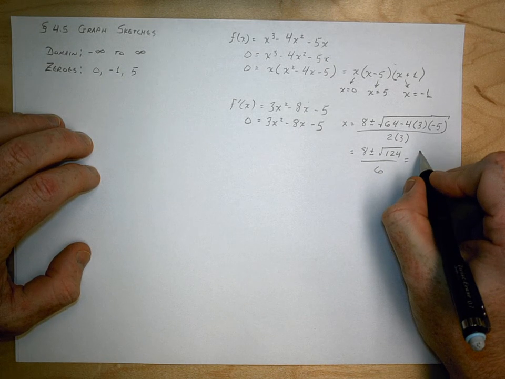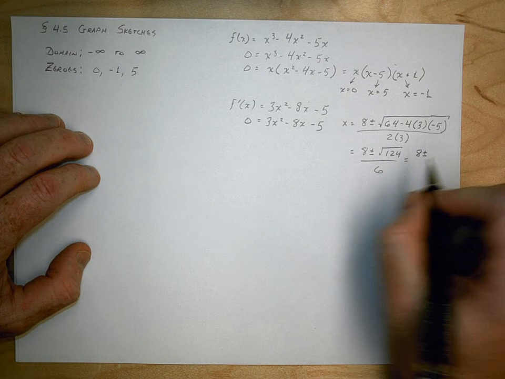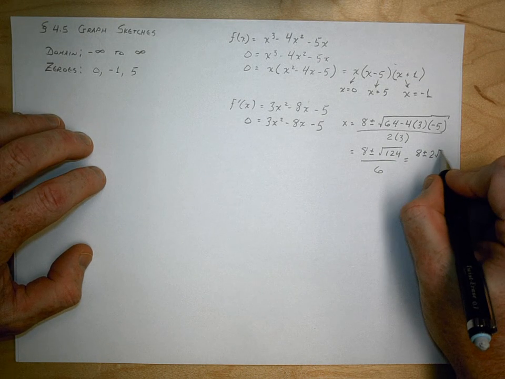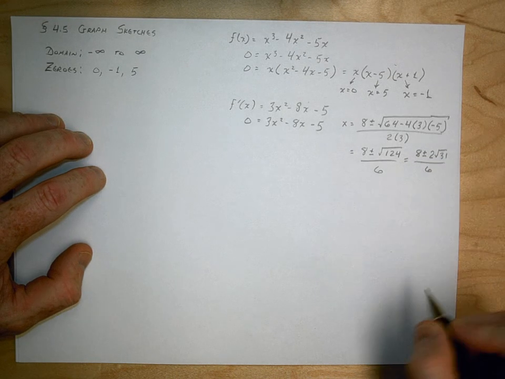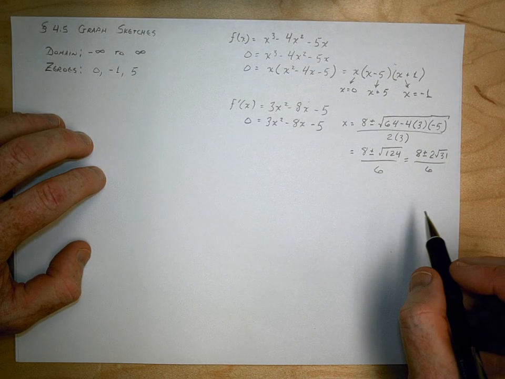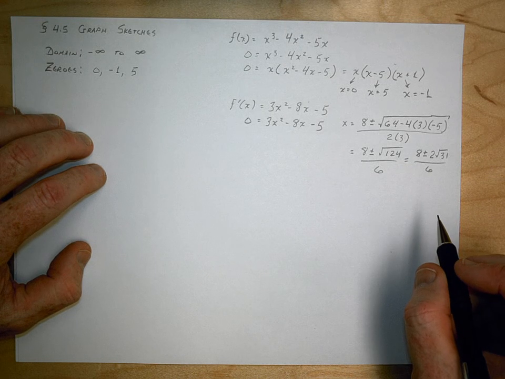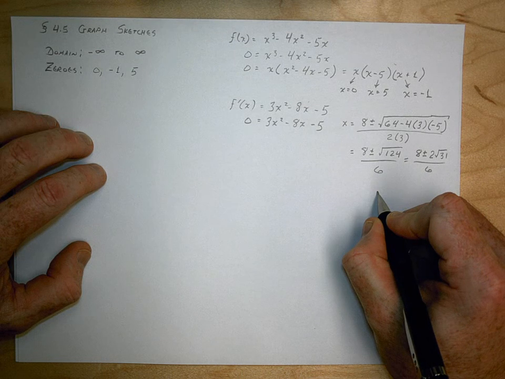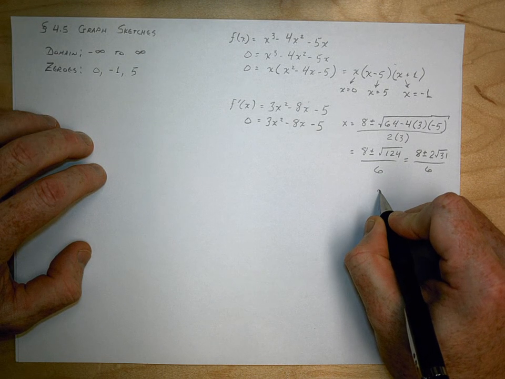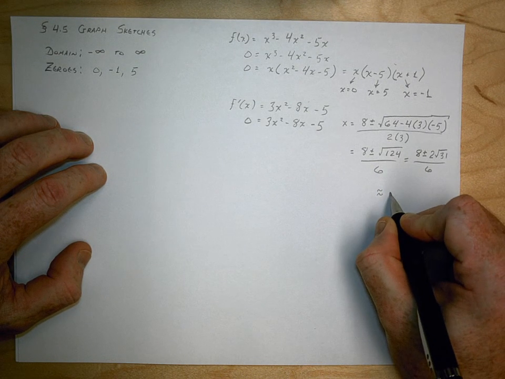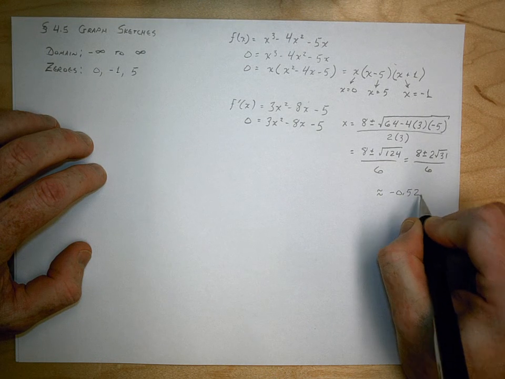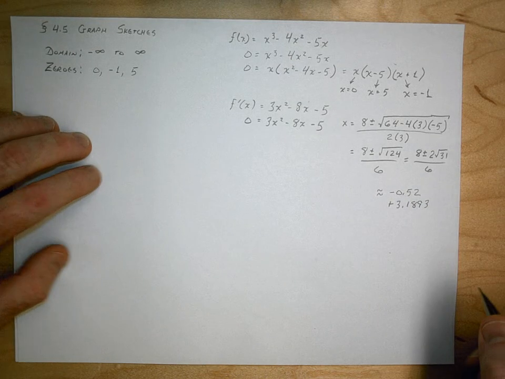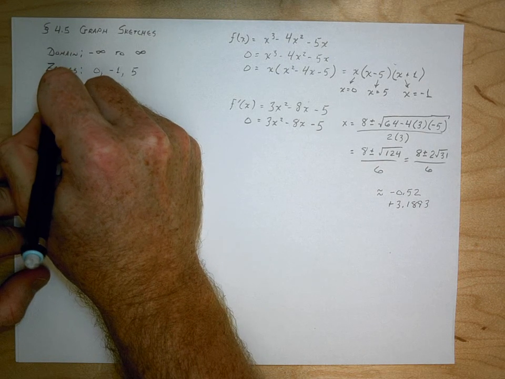I can factor a 4 out of the 124, which is a 2 when I bring it out of the radical. I could cancel everything by a 2, but really I just want approximate values at this point. So I've done the calculations ahead of time, and this is approximately equal to minus 0.52 and a positive 3.1893. Ugh.